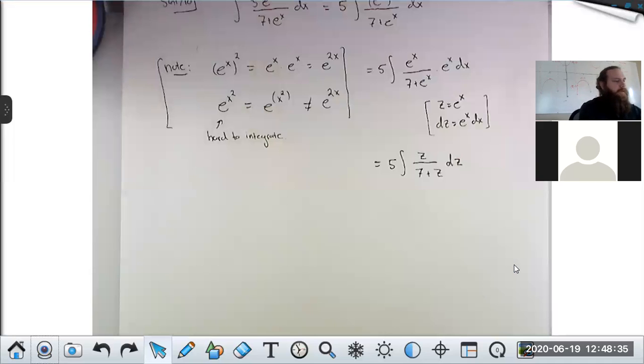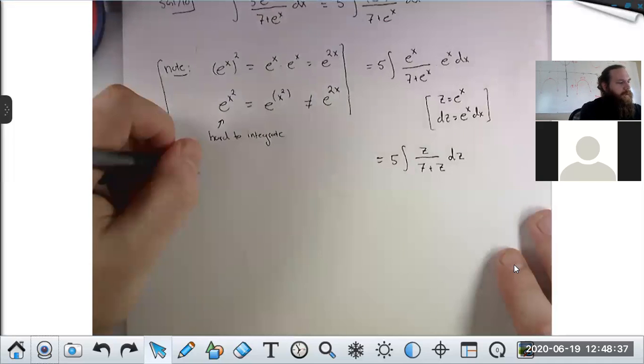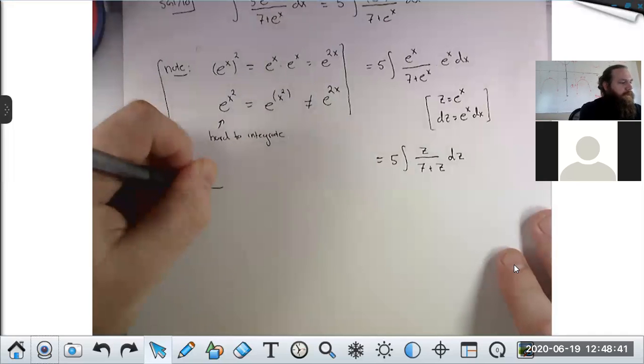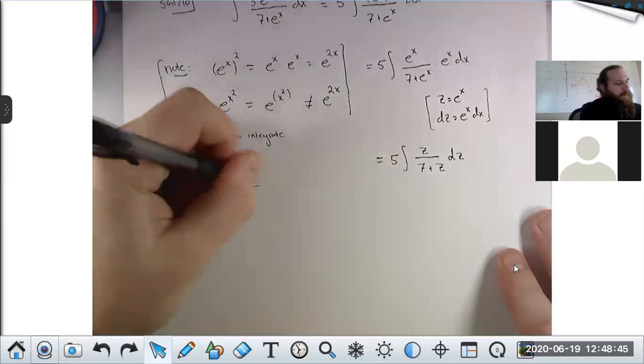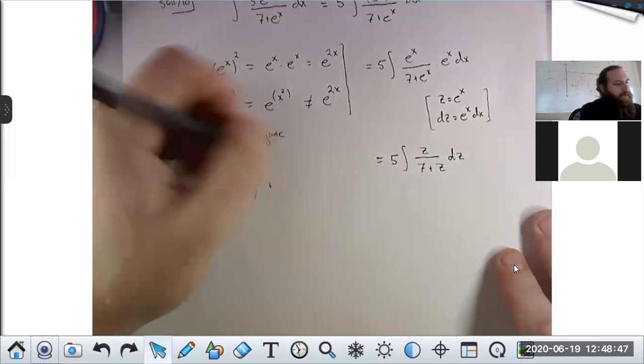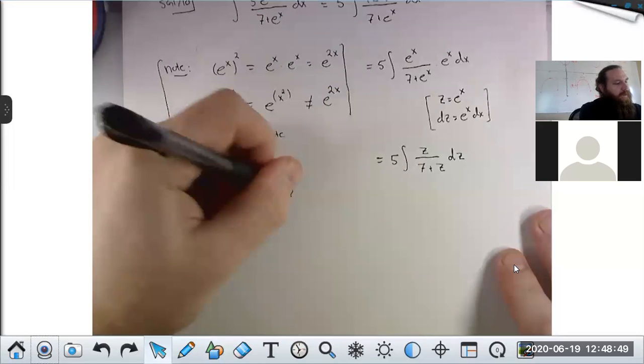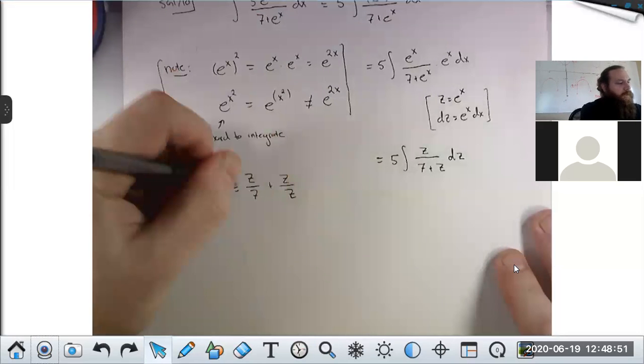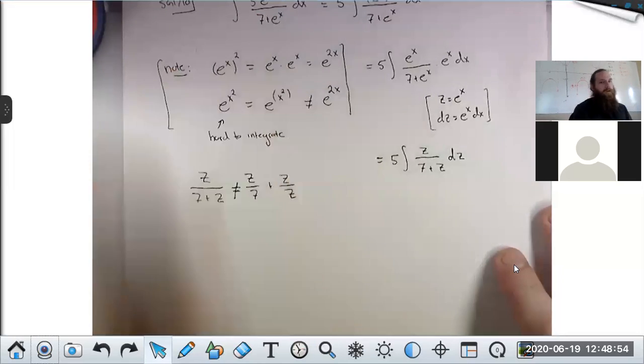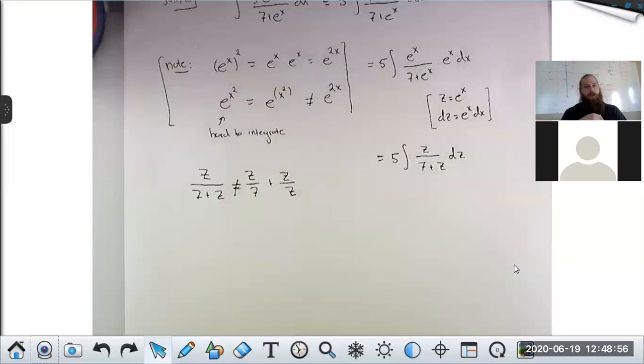So the suggestion there that we try writing z over 7 plus z as z over 7 plus z over z. This is actually not kosher, and it's a common mistake, so I'm glad that it's brought up. Fractions, you can split them up over their tops, but we can't split them up over their bottom.